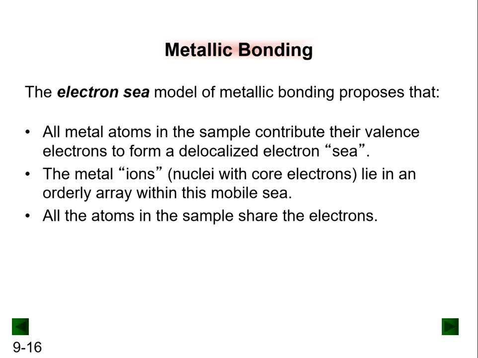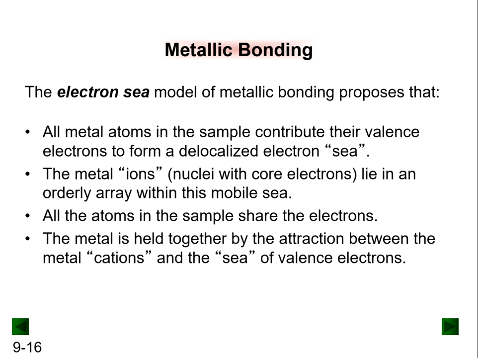Next, we discussed the electron sea model to describe the bonding in metallic structures. To remind ourselves, we have metal atoms that take their valence electrons and put them into a delocalized electron sea, where we have the metal ion nuclei lying in that sea and held together by the electrostatic interaction.